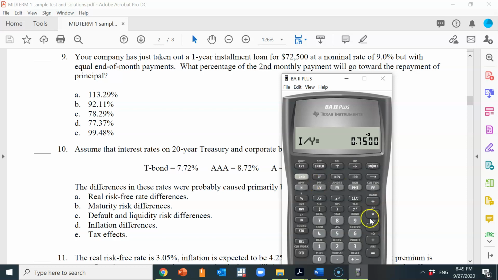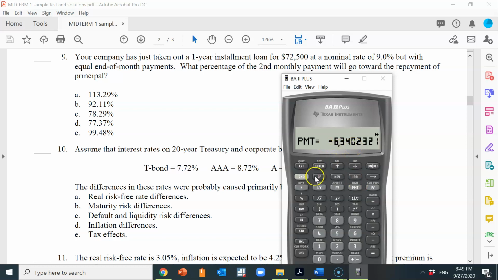Then our future value should be 0 after we pay back all the loans, and our N should be 12 because it's a 1-year loan. We have 12 months and we compute for payment. The monthly payment should be 6340.